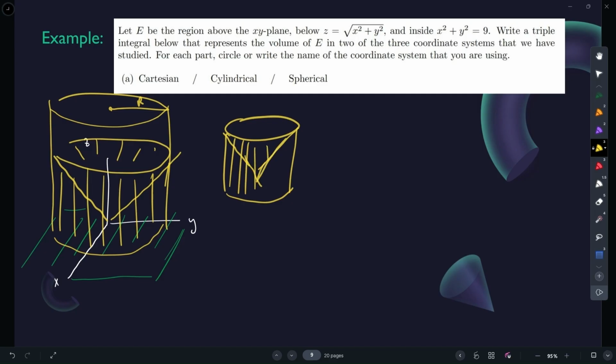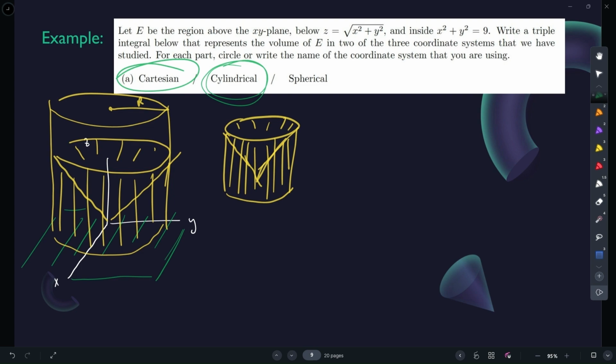So I'm looking for a cylinder that is missing a cone. And I want to find the volume of that thing. I can certainly do Cartesian coordinates for this. And better off, if I'm actually going to compute this volume, I would prefer cylindrical coordinates for sure.